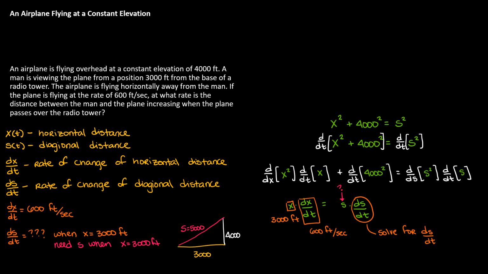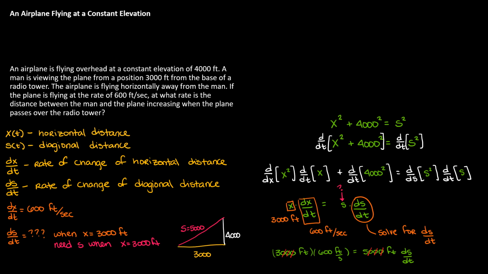We can plug that into our equation and solve for ds/dt. So we'll have 3,000 feet times 600 feet per second. That will be equal to 5,000 feet times ds/dt. We can divide the entire equation by 1,000 to reduce some of our factors, and then we're left with 3 times 600 on the left-hand side, and that would give us feet squared per second.